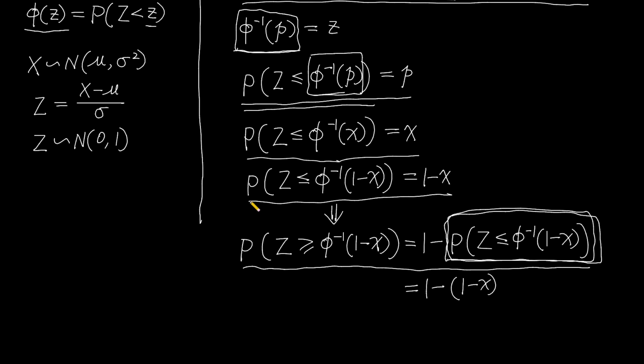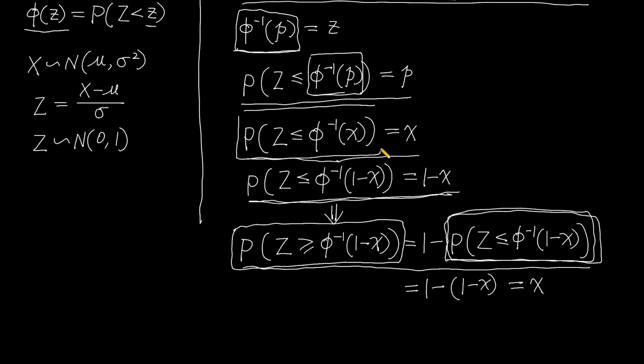Because from here we know that they are equal. So this one equals x. So now we know this equals x, and we also know this equals x.